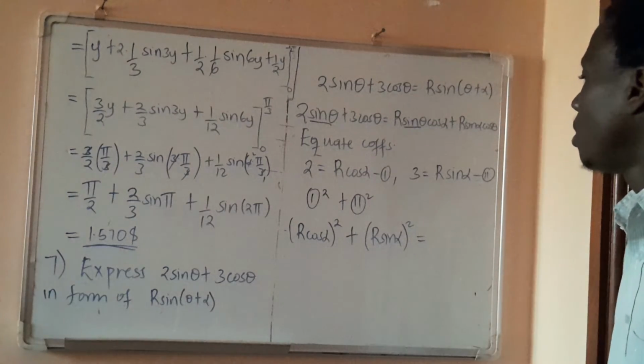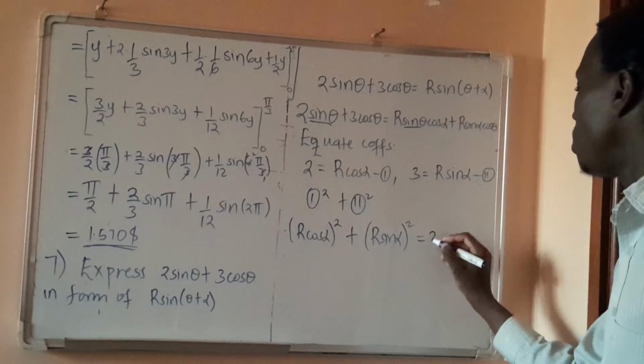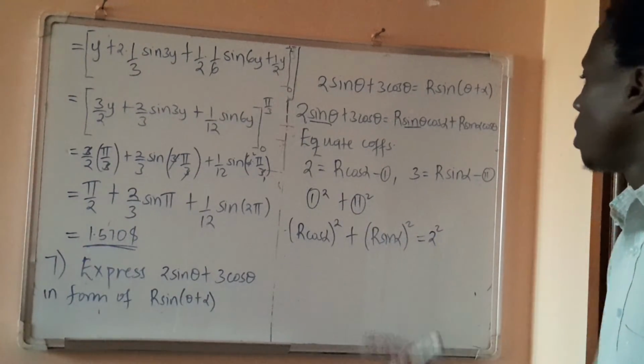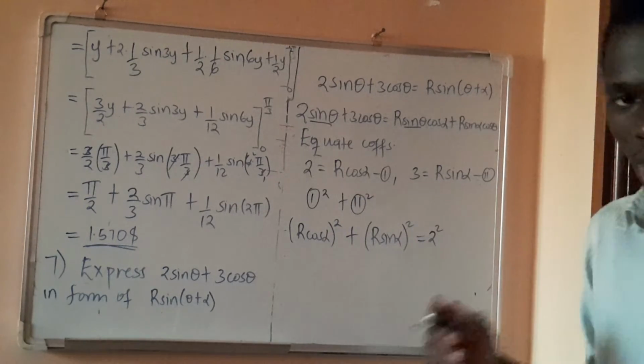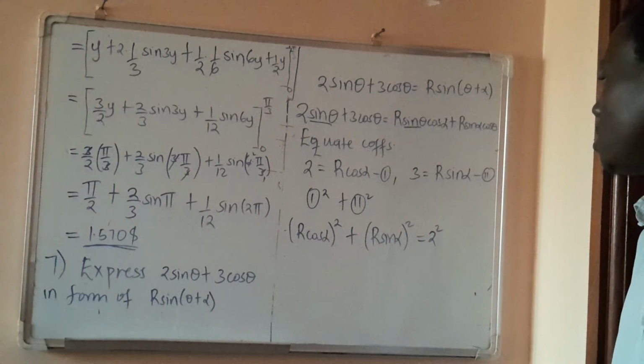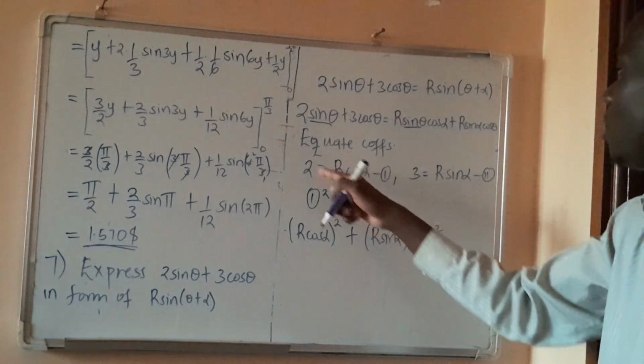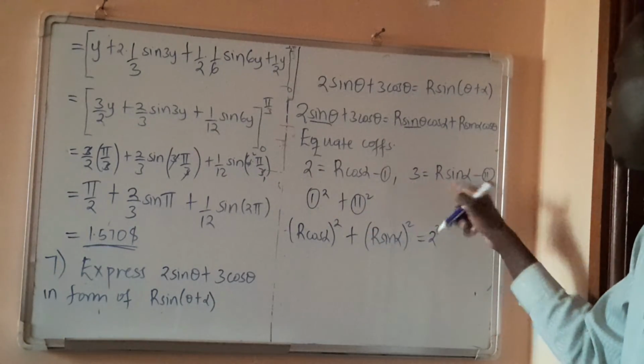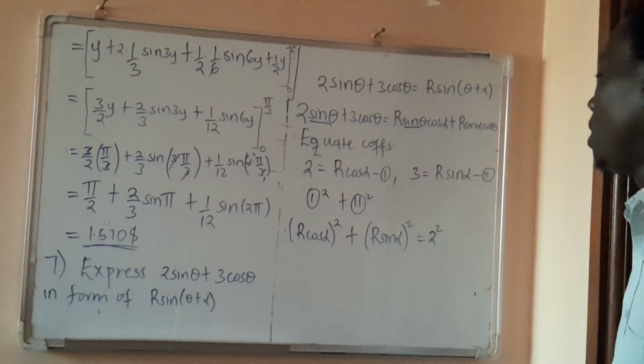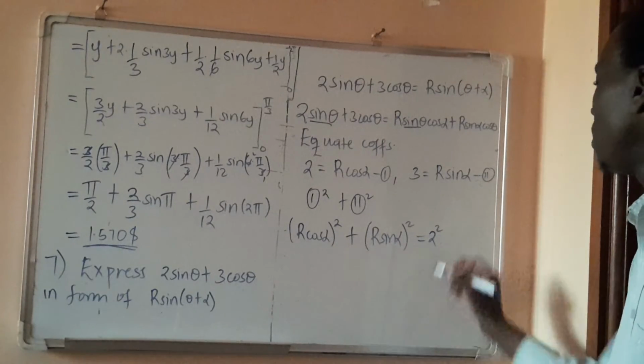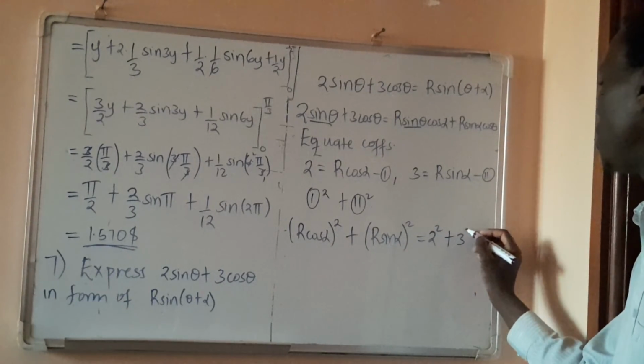This is equal to 2 squared plus 3 squared. So square this side, also square this side, then add. We shall have this squared plus this squared equals 2 squared plus 3 squared.